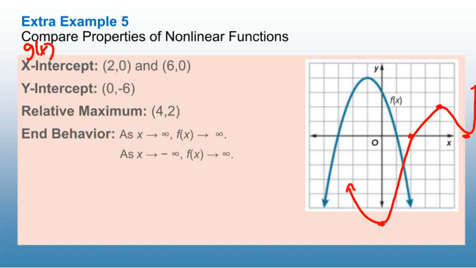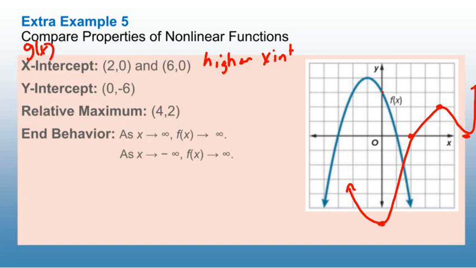And so if we were to compare the two, g of x has, actually they have the same amount of x-intercepts, but g of x has a higher x-intercept. The y-intercept is negative 6. This one is at 1, 2, 3.